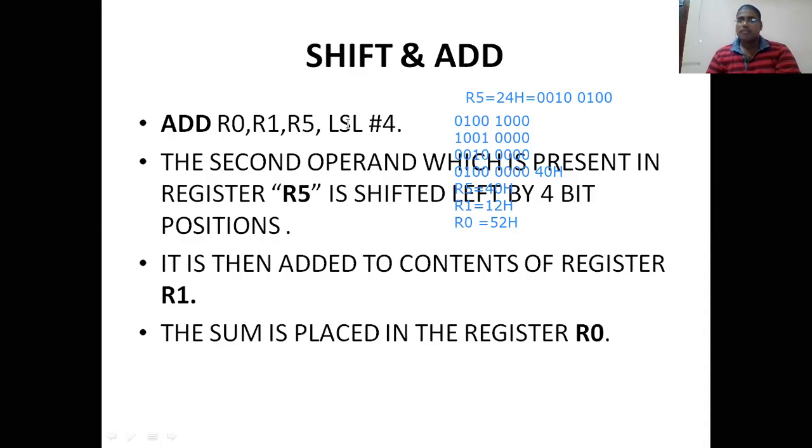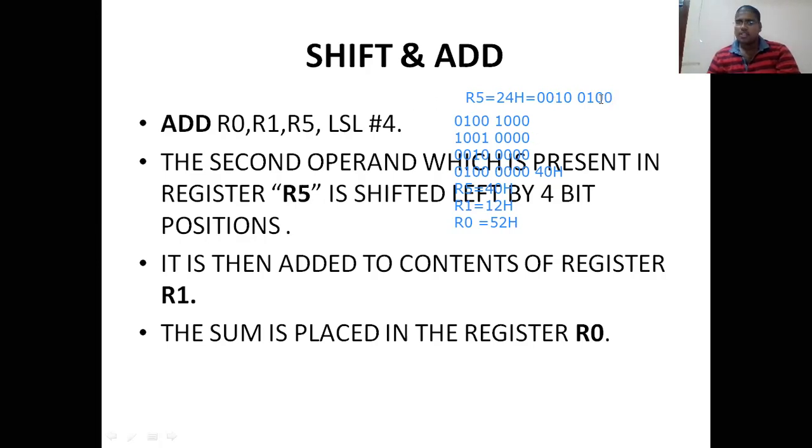Whenever you need to perform either shift left or shift right, first you need to convert the given value into binary format. The binary format for 24H is 0010 0100. Now I need to perform logical shift left 4 times. This is the first time.